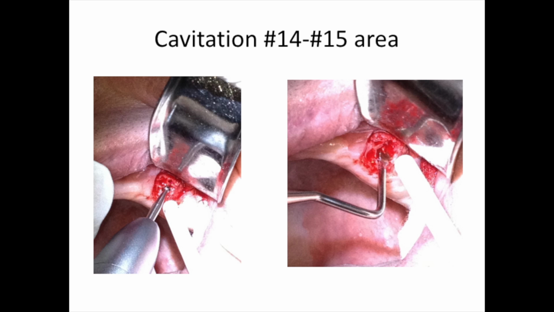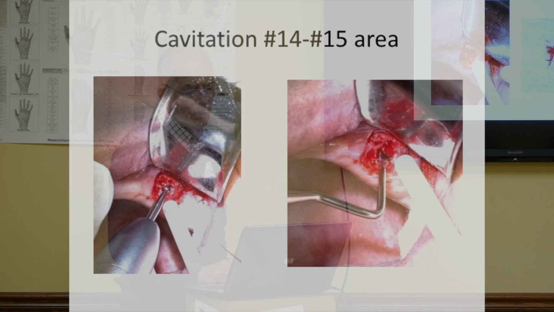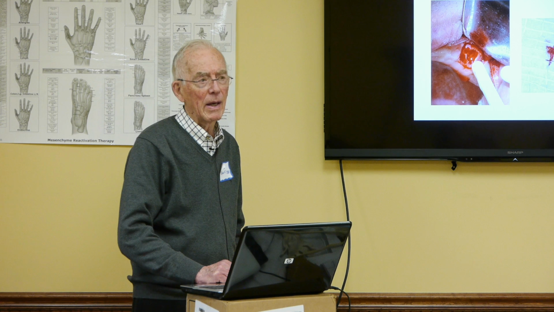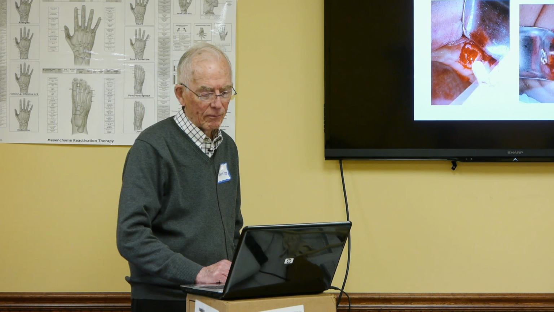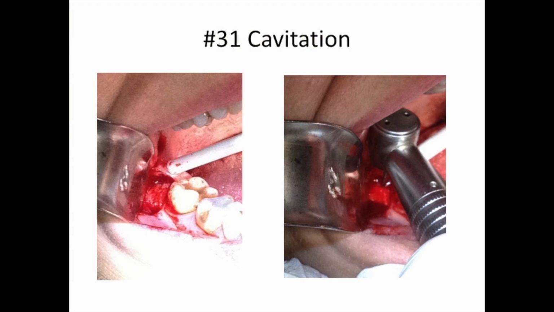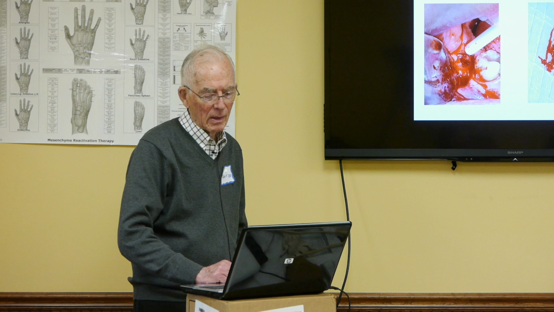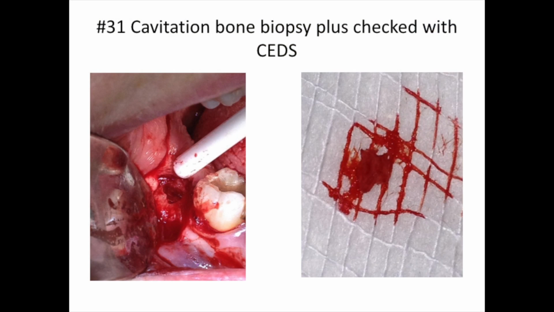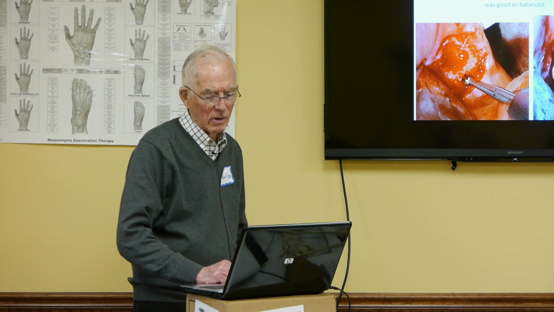This is the size of the biopsy. It's not very big, but it usually comes back ischemic bone. There we are, another cavitation of cutting the area open. This is the little biopsy bone that we get out of there and can send it in for evaluation.